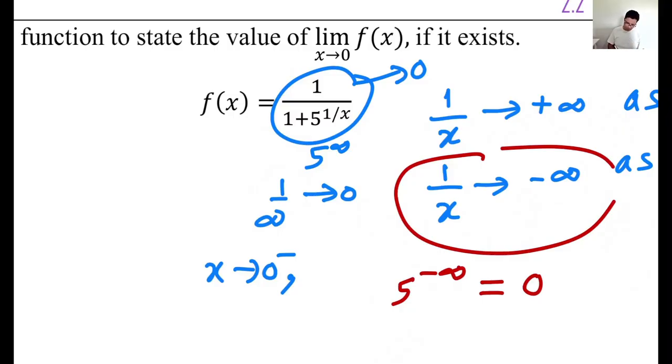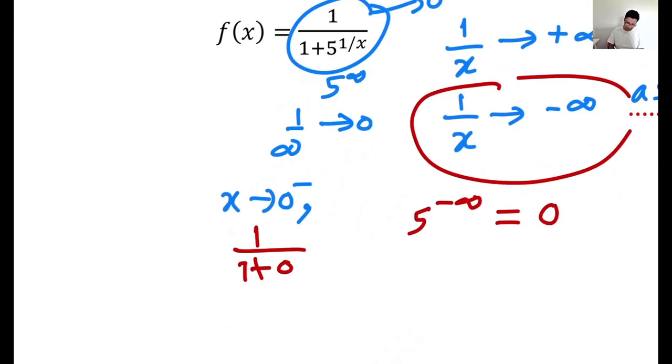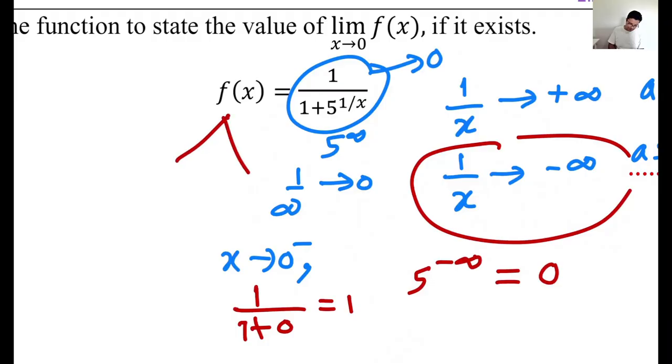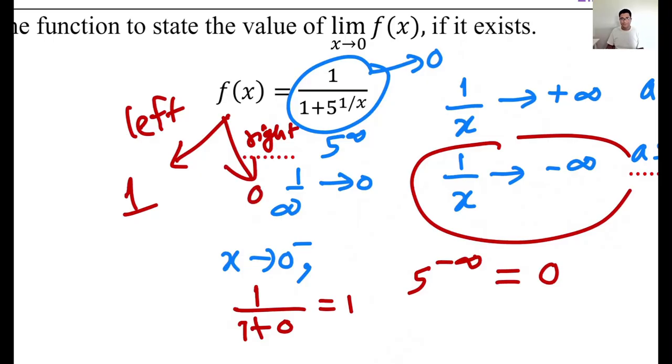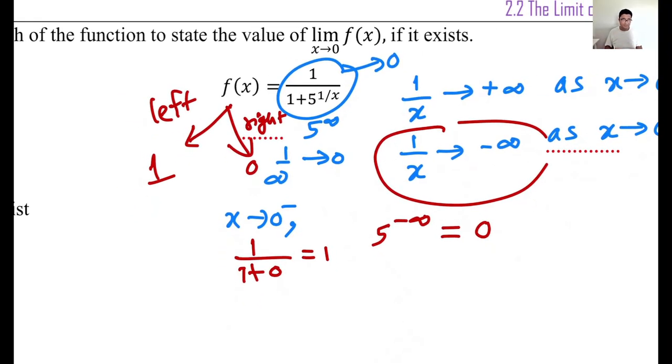So what do you get? 1 over 1 plus 0 for the whole function. The limit of the whole function will be 1 over 1 plus 0, which will be 1. So from the left side, it will approach 1. On the right side, it approaches 0. So I can see two different limits for that function as x approaches 0. That is my informal analytic approach here.